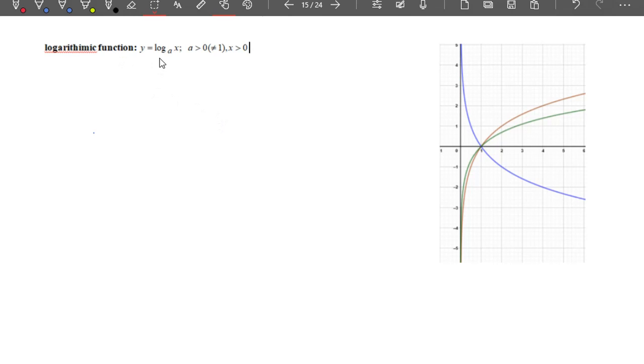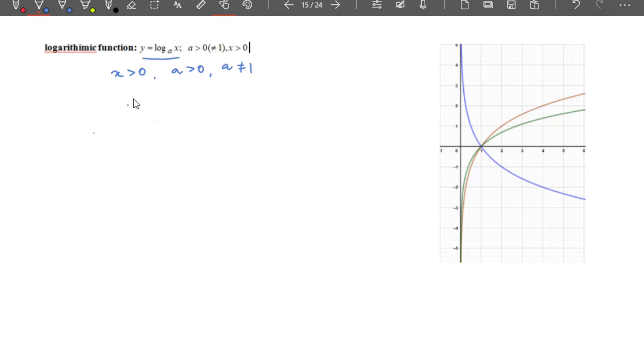Our next function is the logarithmic function, y is equal to log x to the base a. This is actually a very interesting function. X is always greater than 0 to be defined, a is greater than 0, and a is not equal to 1.